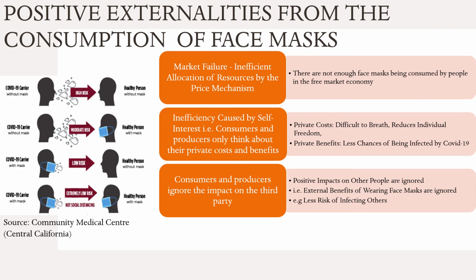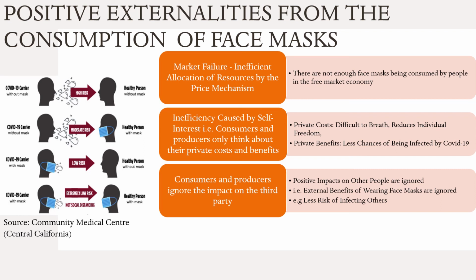For example, in the infographic by the Community Medical Center of Central California, to show the benefits of masks, the first scenario outlined shows that a COVID-19 carrier without a mask has a high risk of transmitting the virus to a healthy person without a mask. In the second scenario, a COVID-19 carrier without a mask may have a moderate risk of transmitting the virus to a healthy person with a mask.